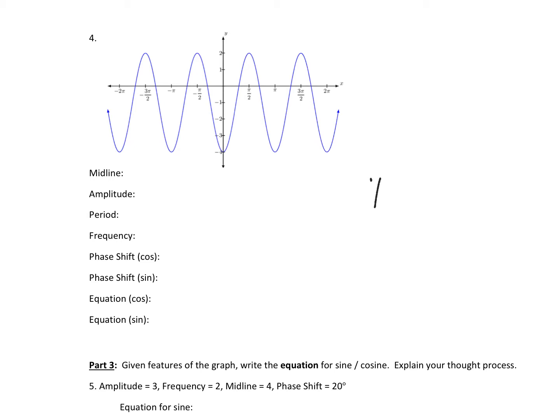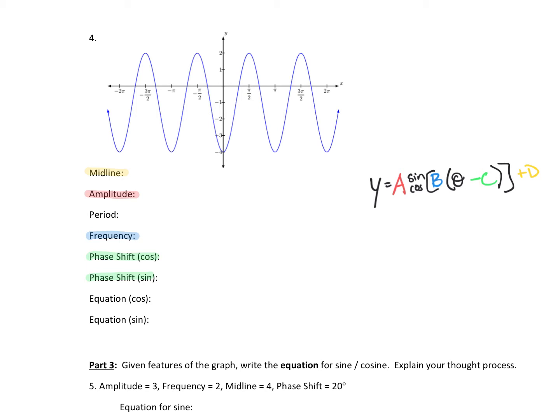Just a reminder, our overall equation is y is equal to a times sine or cosine of b times theta or x minus c plus d, where a is your amplitude or vertical stretch, where d is your midline or vertical shift, b is your frequency, and you use the period to get to that, and then your phase shift or your horizontal shift is that c value with the flipped sign.